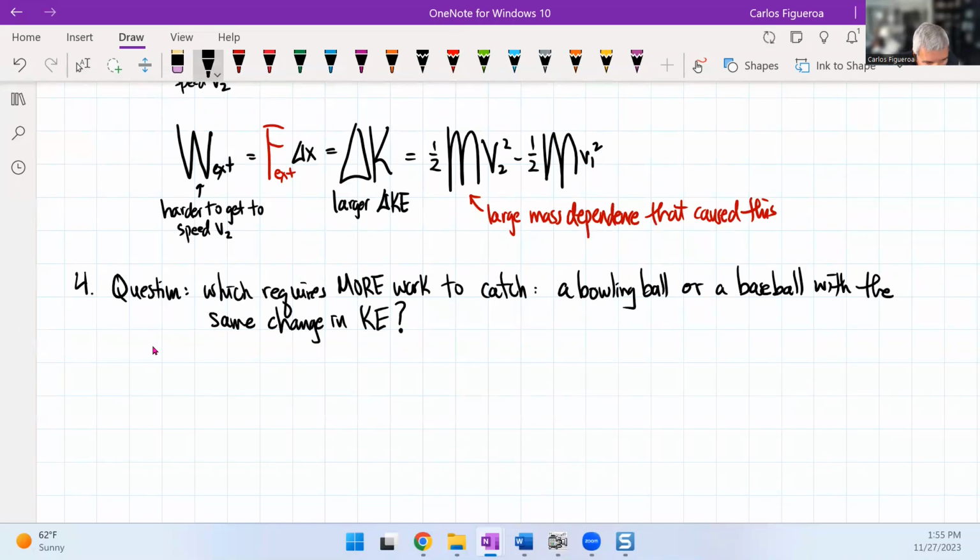So which would require more work? And the answer is neither.